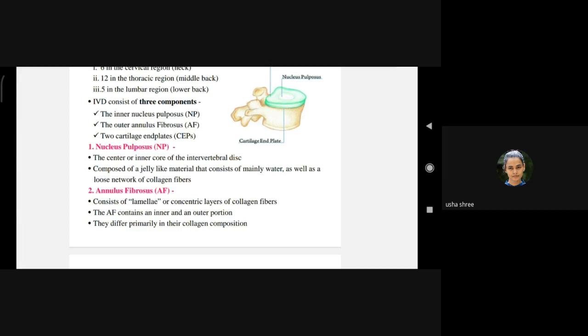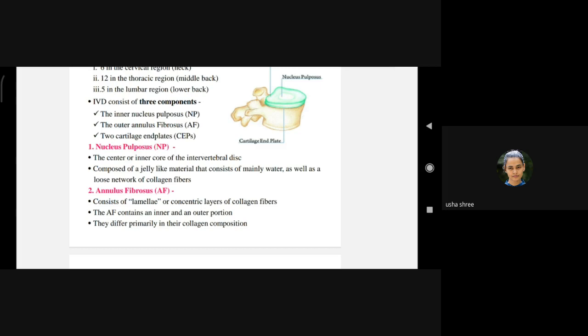At the nucleus pulposus the network of collagen fiber is very loose, but at the annulus fibrosus this network is denser, so it is harder than the nucleus pulposus. The annulus fibrosus contains an inner and outer portion, and some differences are there.